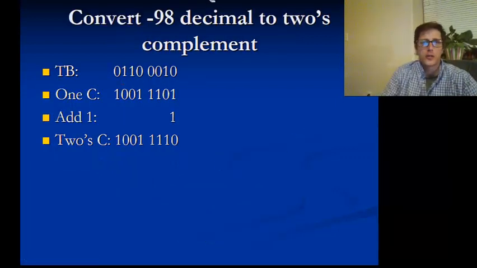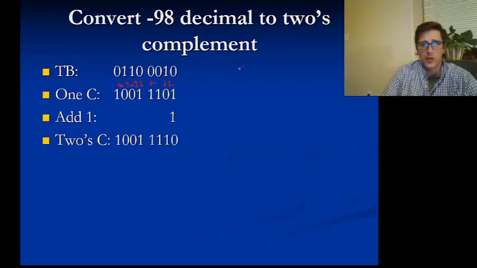Okay, now we're going to look at converting negative 98 in decimal to a two's complement number. The first thing we're going to do is confirm that this is 98. We know that this right here is 64, this is 32, and this is the 2's place.